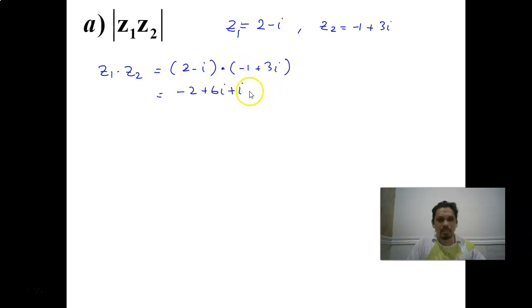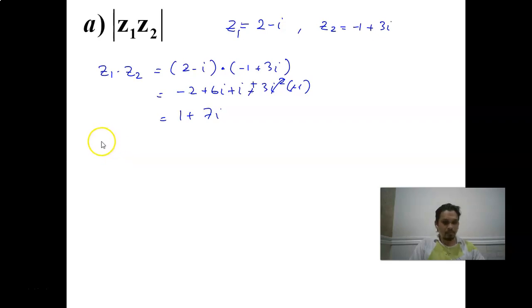And negative i times 3i is negative 3i squared, where i squared is negative 1. 6i plus i is 7i, and negative times negative becomes positive, so 1 times 3. Negative 2 plus 3 equals 1. So 1 plus 7i.